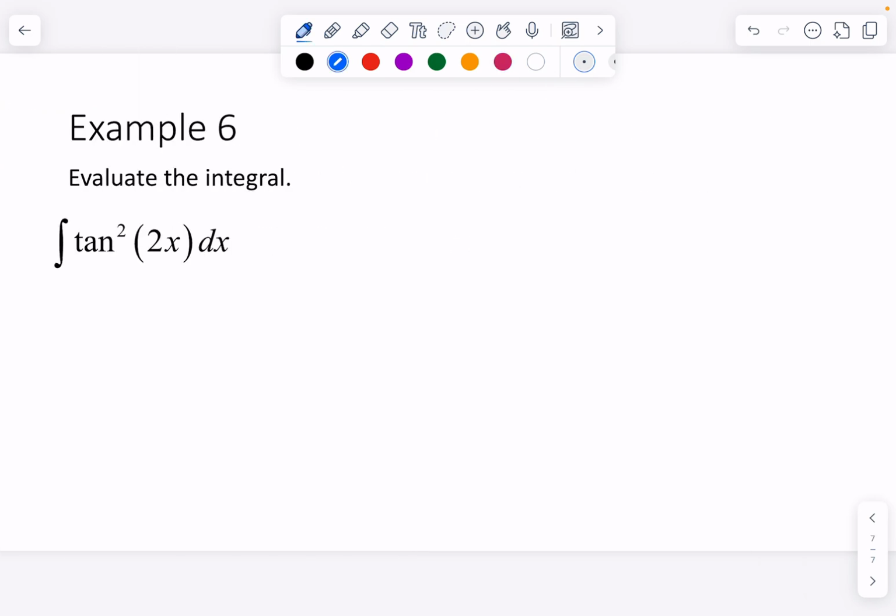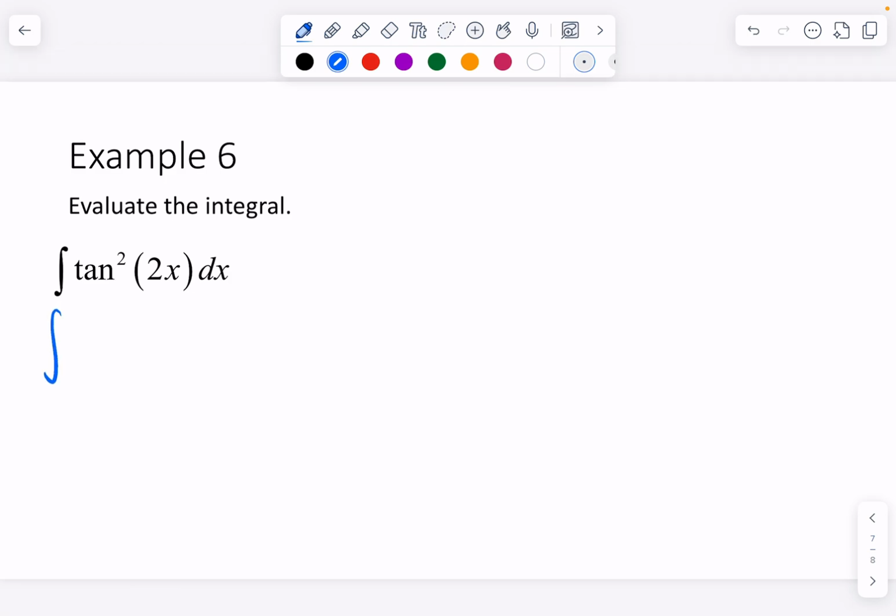And the last one. Quite honestly, I talk about this one when we do some integration. Our tangent, the identity involving tangent and secant. If you don't remember, look it up.